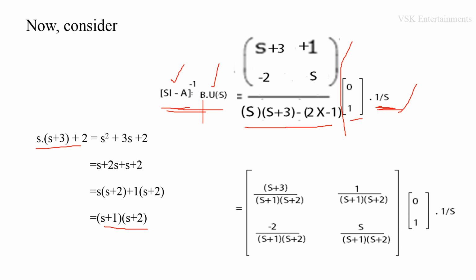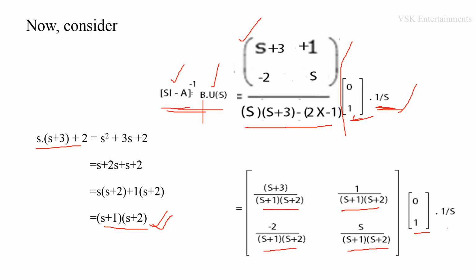Now apply these factors to each and every element of this inverse matrix, that is we get (s + 3) by (s + 1)(s + 2), 1 by (s + 1)(s + 2), −2 by (s + 1)(s + 2), s by (s + 1)(s + 2), and as it is this matrix [0; 1] into 1 by s.